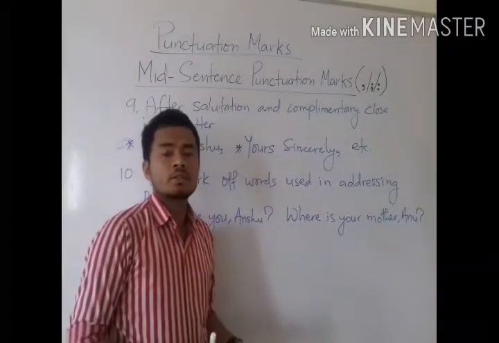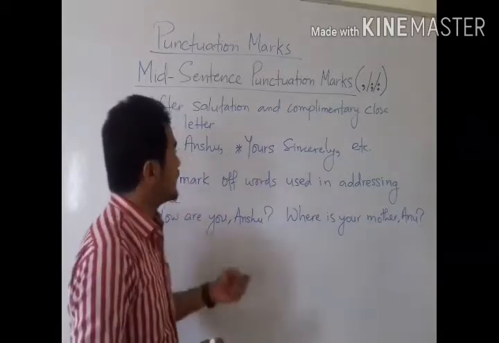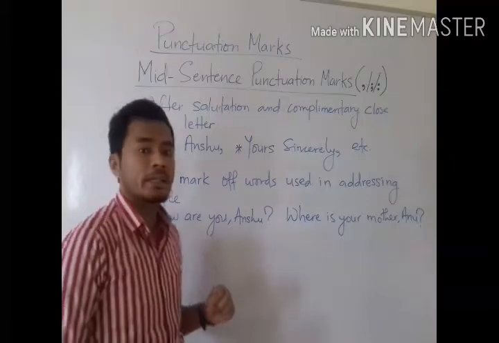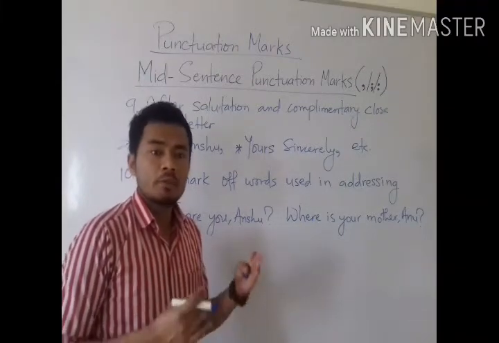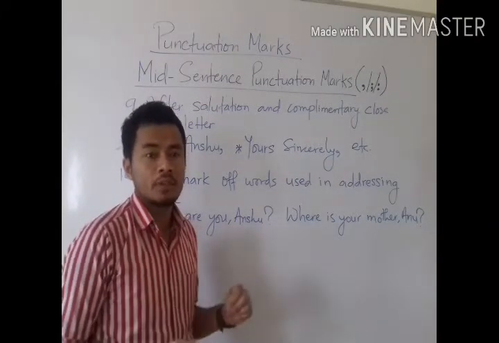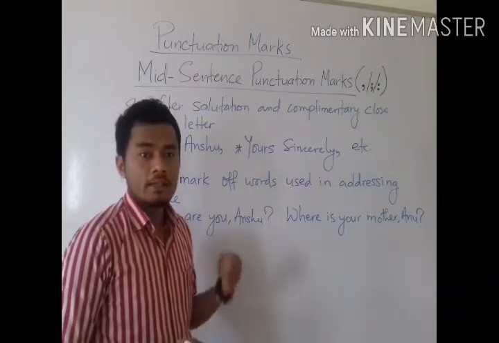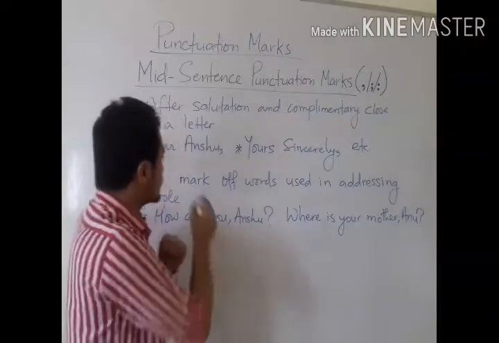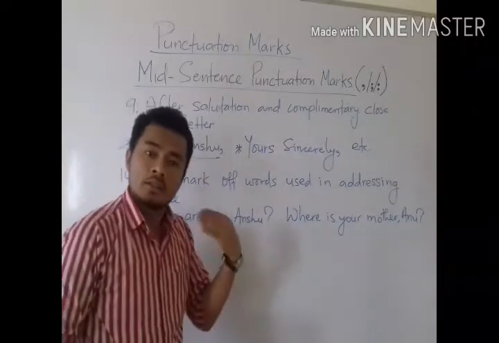Now another condition to use comma in sentences is after salutation and complimentary clause in a letter. Whenever we write a letter, before we start writing the body of the letter, we write salutation. Okay, so salutation always starts with dear.